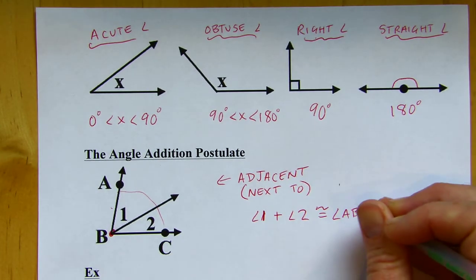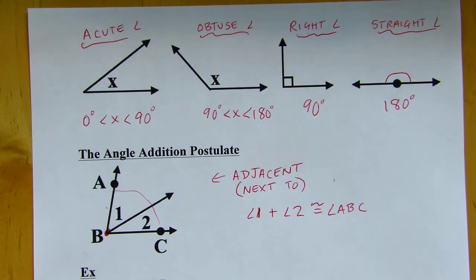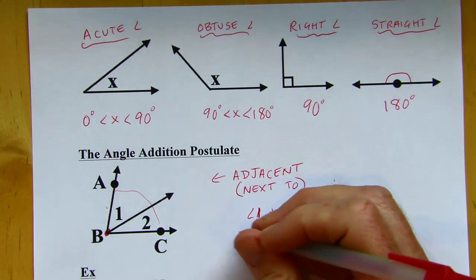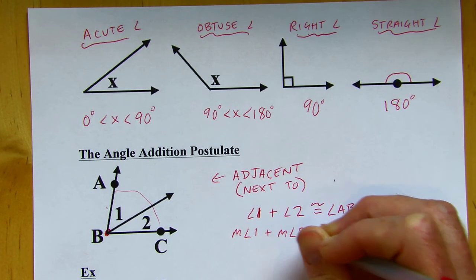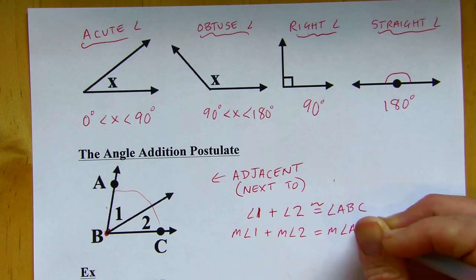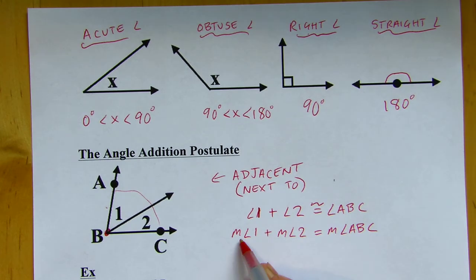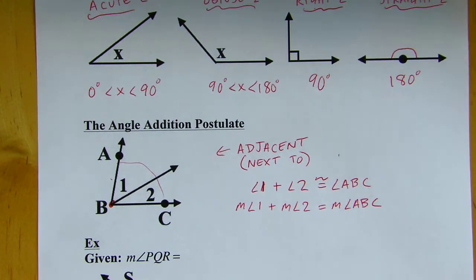Or you could call it CBA, but the B has to be in the middle because it's the vertex, okay? Likewise, since we've got congruent angles, then you can say the measure of angle 1 plus the measure of angle 2 is equal to the measure of angle ABC, okay? So when you've got that measure of part in there, then you're going to use an equal sign. When you don't have the measure of, you're going to use the congruent sign, okay?